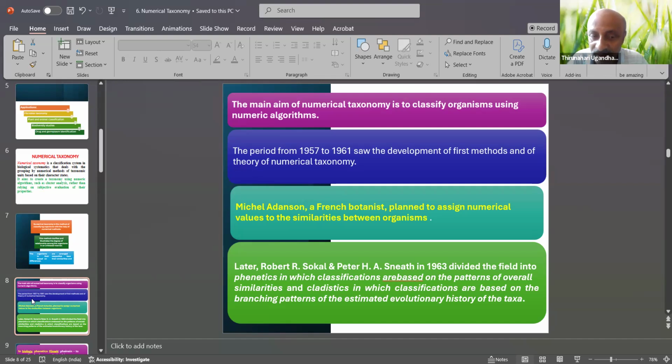Later, Robert Sokal and Peter H. A. Sneath, in 1963, divided the field into phenetics, in which classifications are based on the pattern of overall similarities. Overall similarities are used to classify plants into groups.